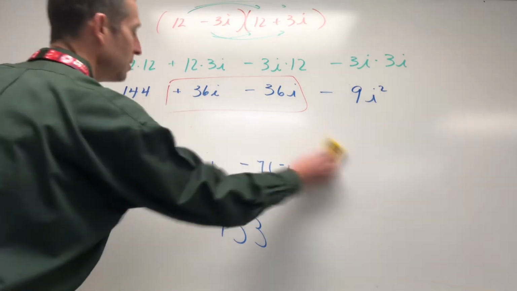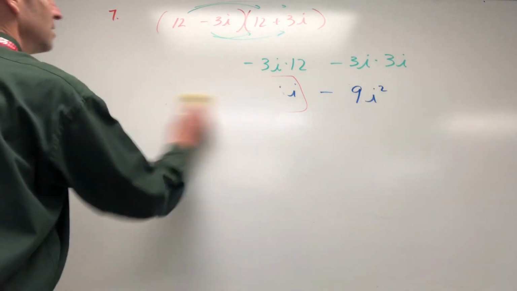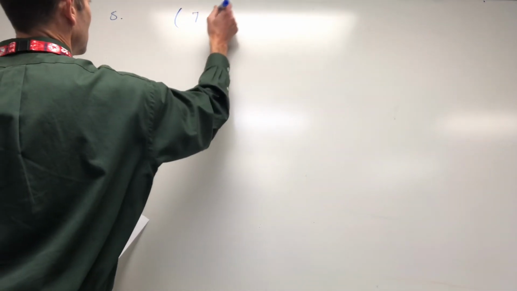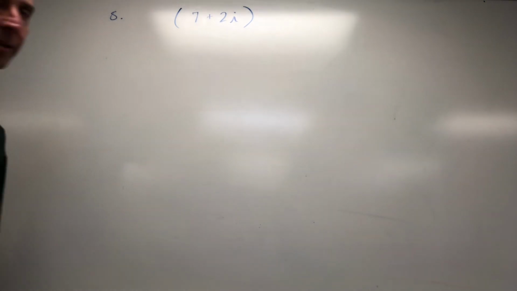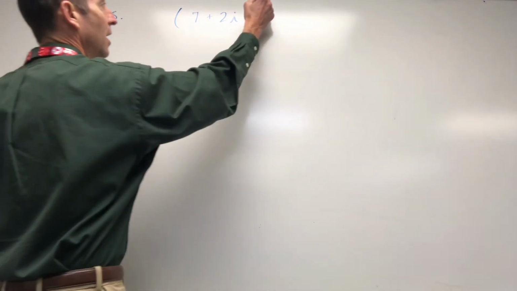All right, one more example. And then we'll wrap up this video. 8, let's see what we got here. 7 plus 2i. All right, so what happens on this last one is you have 7 plus 2i.